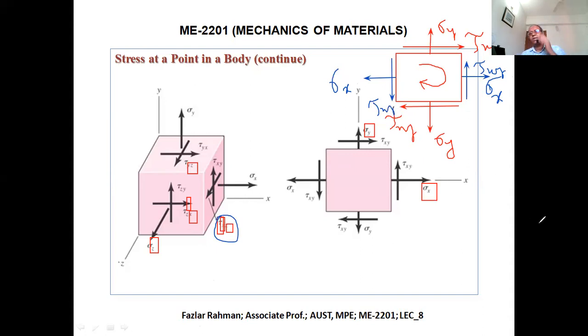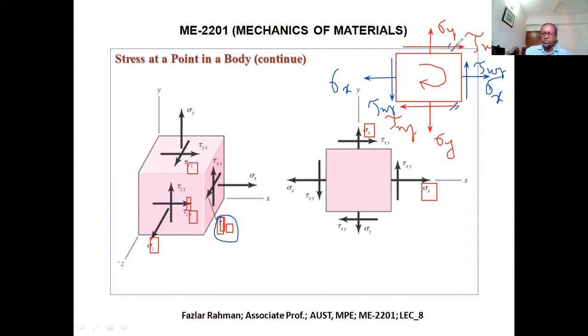So you see, if you take the summation of forces along the x-axis, what will you get? Sigma x positive, right? Minus sigma x 0. Tau xy working to the right side positive. Along this direction, tau xy minus 0. Then look at this tau xy and this tau xy.